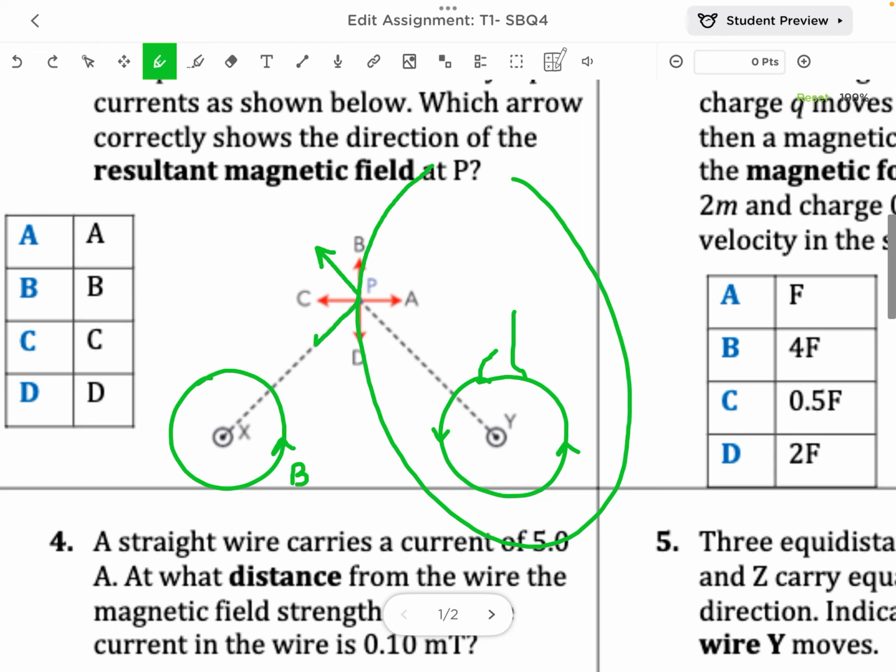Okay, so it is also like this, right? So the resultant is C. That's what we agreed on, right?